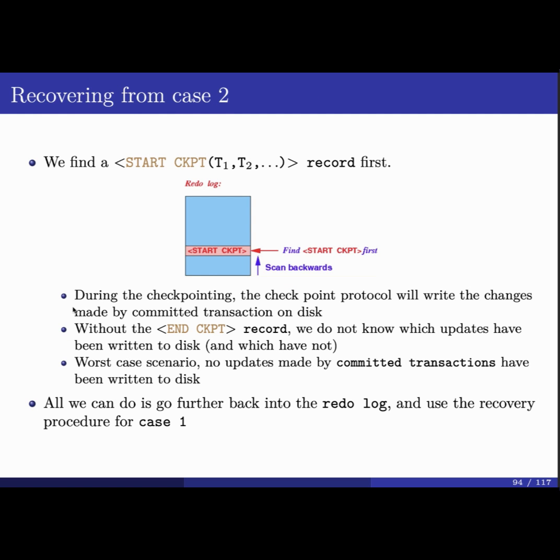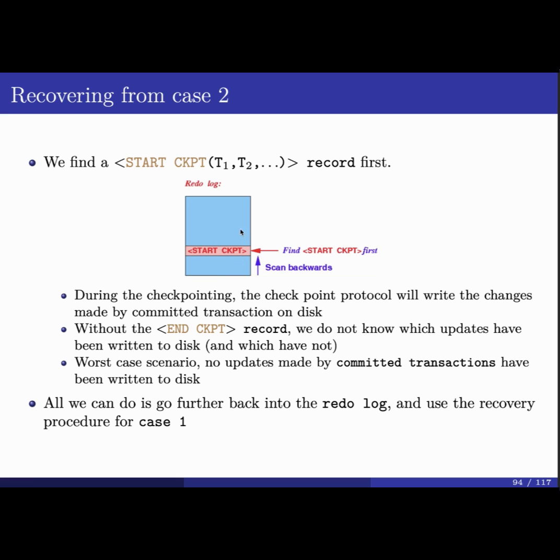For case 2, if you start scanning backwards and you came across the start checkpoint, this means that during the operation to start the last checkpoint, something happened and the system crashed. That means in this case there is no end checkpoint.